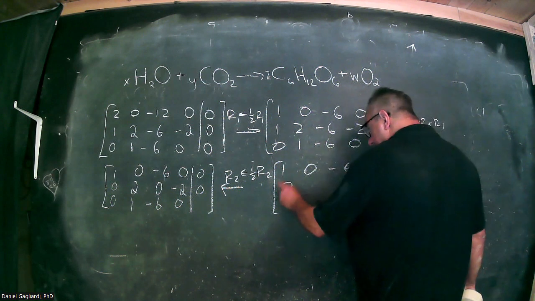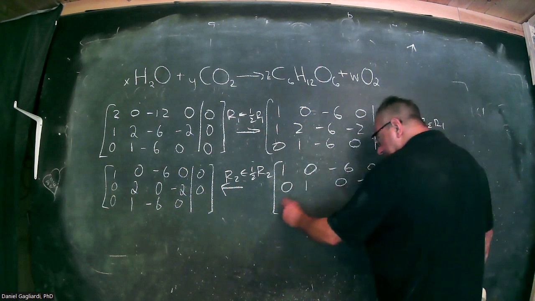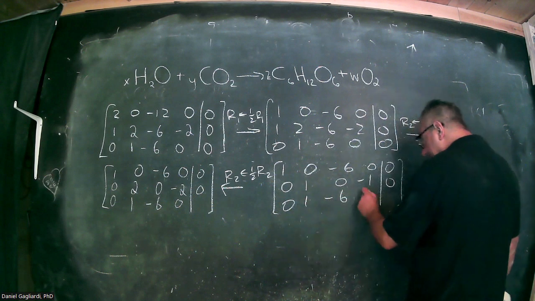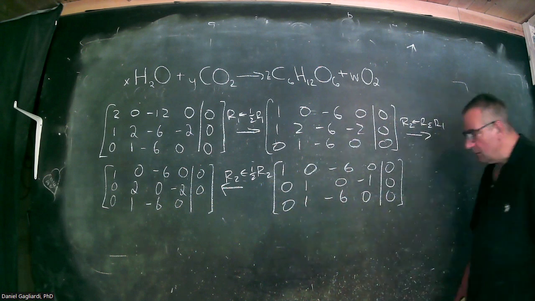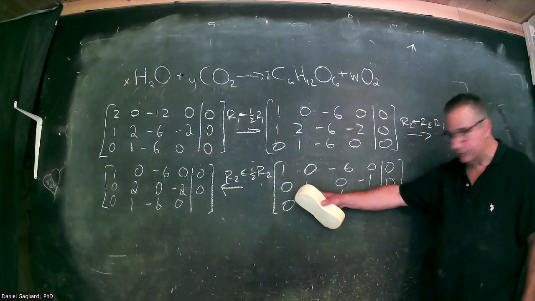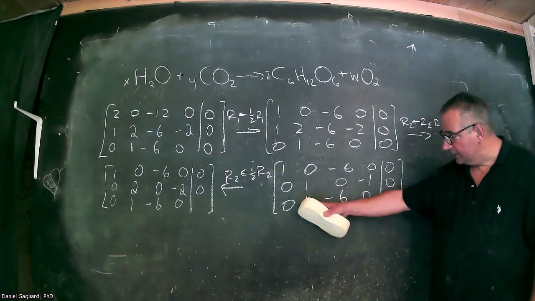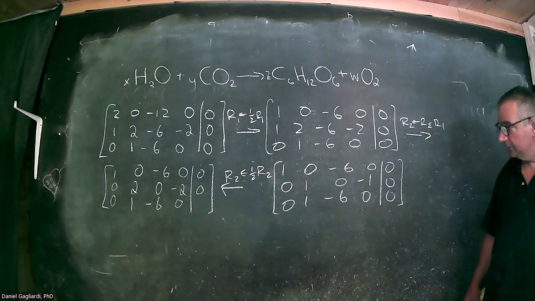And then we have 0, 1, 0, -1, 0, and 0, 1, -6, 0, 0. All right, so we have a leading 1 in the next staircase position, which we'll use to remove the 1 in the column that it belongs to.